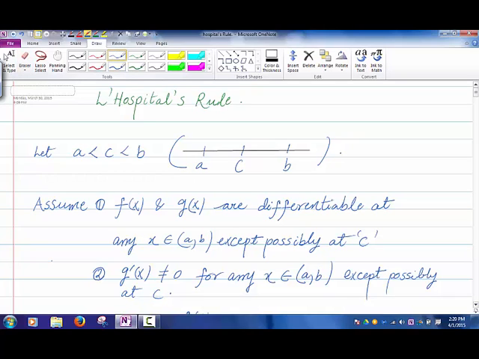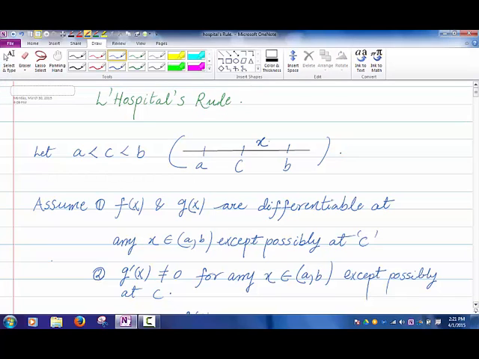My first assumption of L'Hopital's rule is you have two functions f of x and g of x, and we are assuming the derivative of f and the derivative of g are defined for any x between a and b except possibly at c.